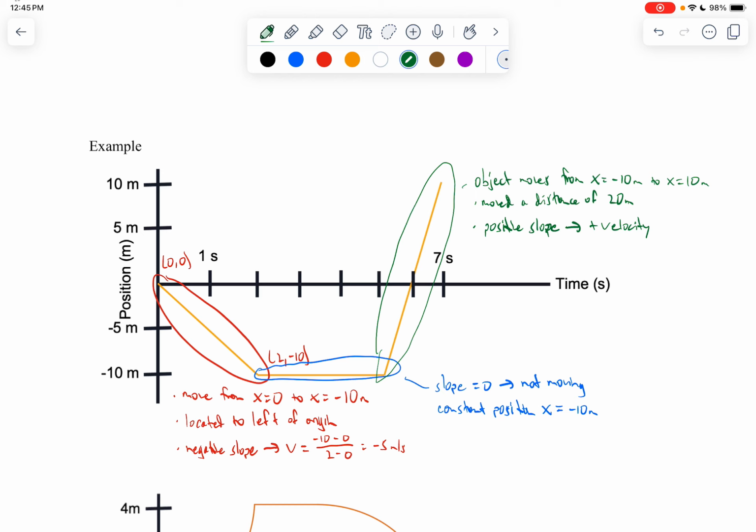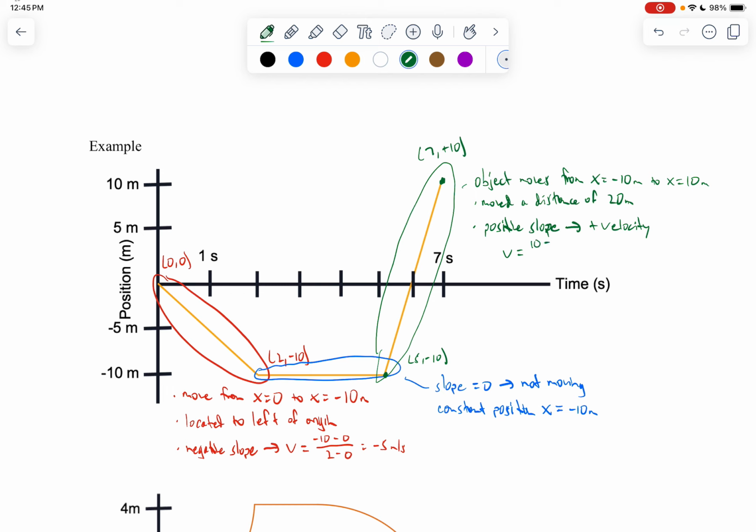And again, we can calculate this velocity. We know the point on the bottom is going to be our coordinates 5, -10. We're then going to end up at the coordinate 7, +10. So to calculate the slope, our y2 is going to be +10.